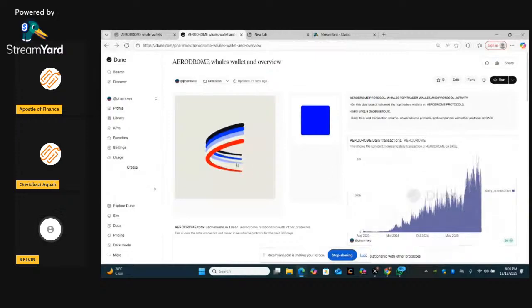So I'm going to start with the first one, our daily transactions.